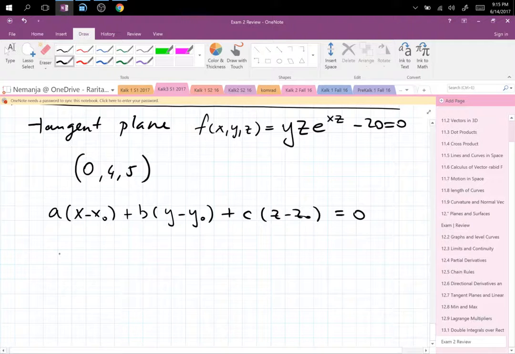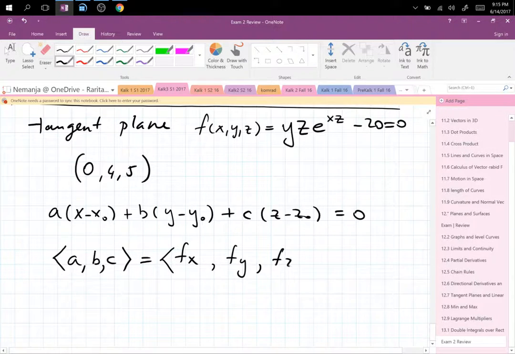So the vector a, b, c is the vector of fx, fy, and fz, all computed at 0, 4, 5. All I'm going to do is find these partial derivatives, compute them at 0, 4, 5, and then plug everything in.